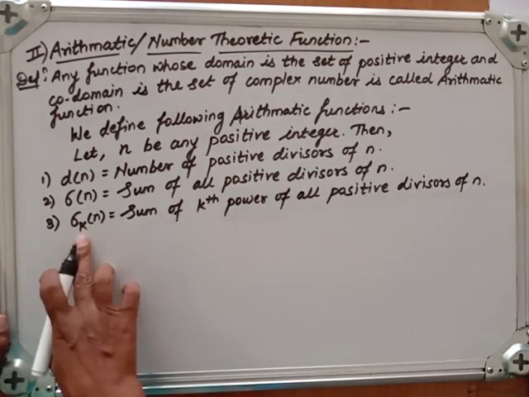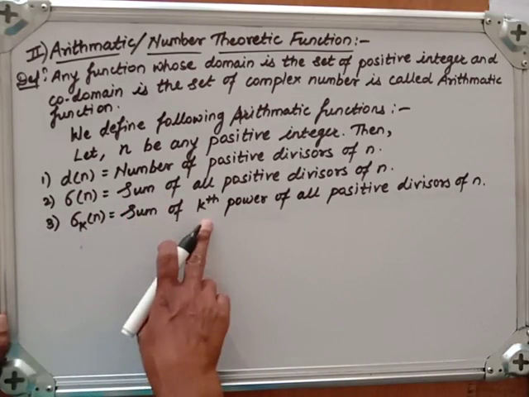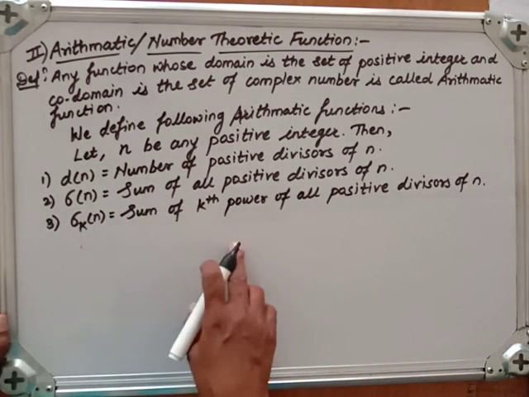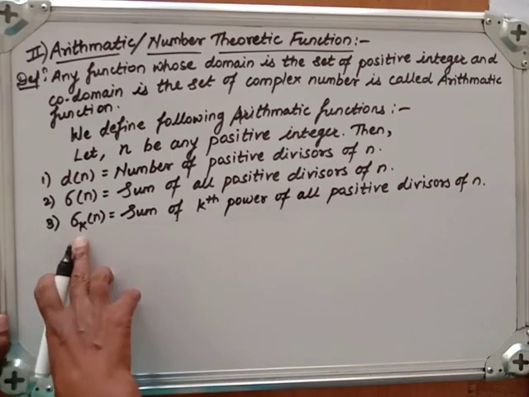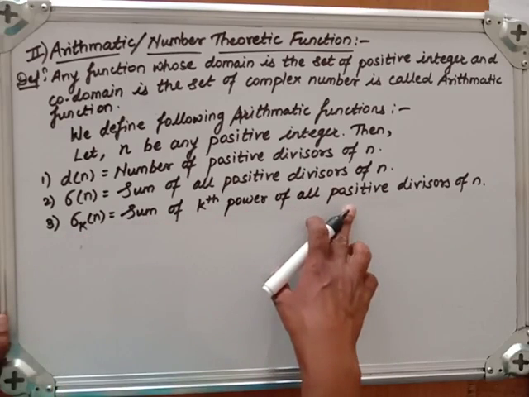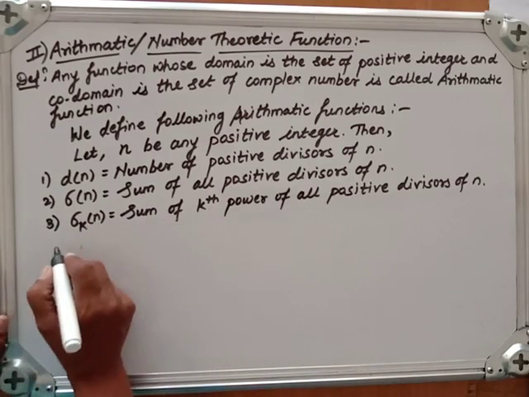Obviously this k should not be 1. If it is 1, then it is nothing but sigma(n). If k is equal to 2, then we take the square of each divisor and take the sum of them. If k is equal to 3, then we take the cube of all divisors and sum them. Okay, as such sigma_k(n).